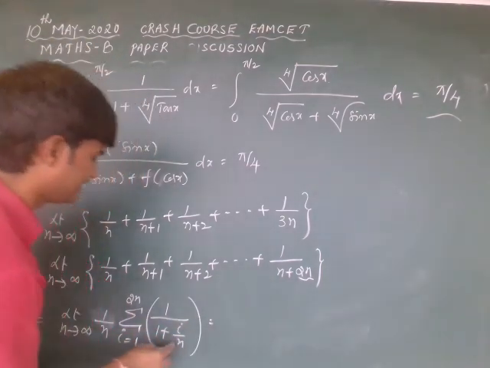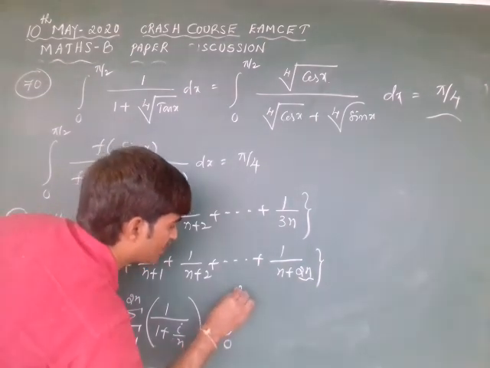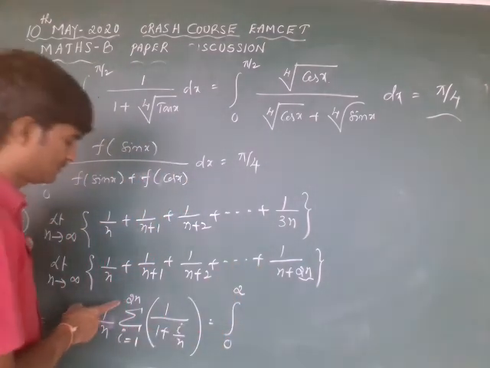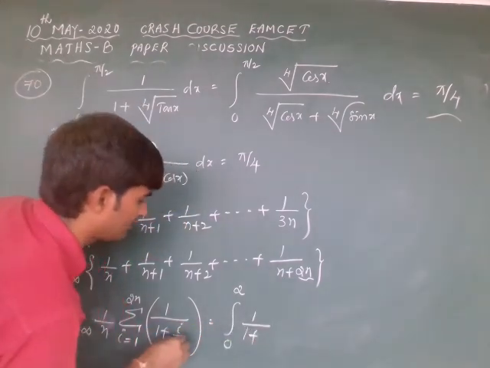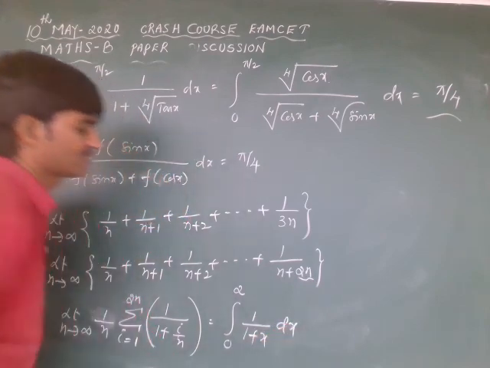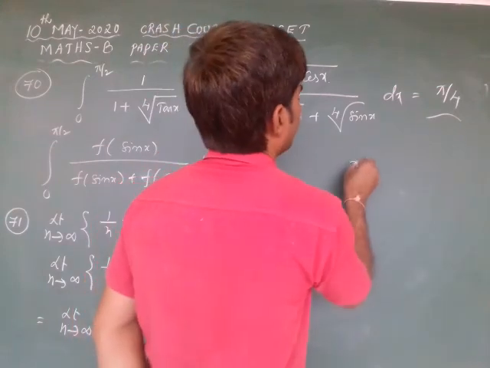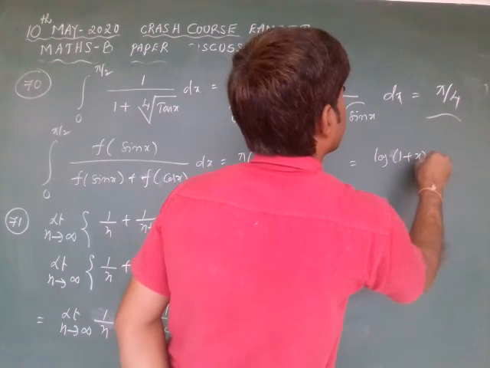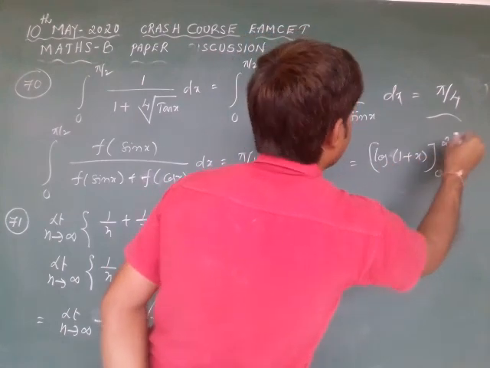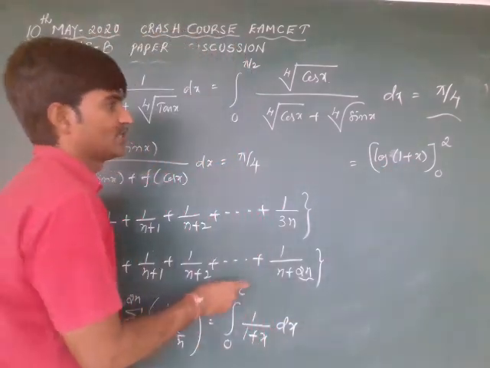where i by n is equals to x, 1 by n is equals to dx, sigma including limit is taken as integral 0 to 2, where p is equals to 2, sum of partitions is taken as 1 divided by 1 plus i by n is x, 1 by n is dx, integral 0 to 2, 1 by 1 plus x, that is log 1 plus x, boundary 0 to 2, since integral 1 by 1 plus x is equal to log 1 plus x, boundary 0 to 2.